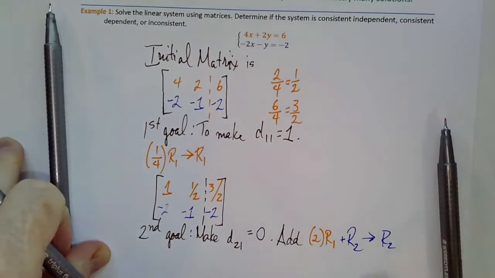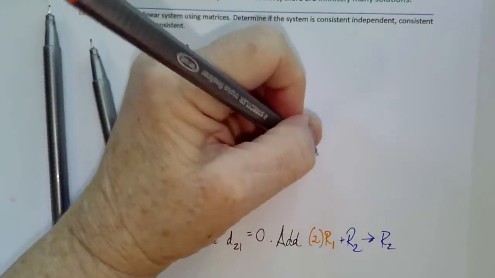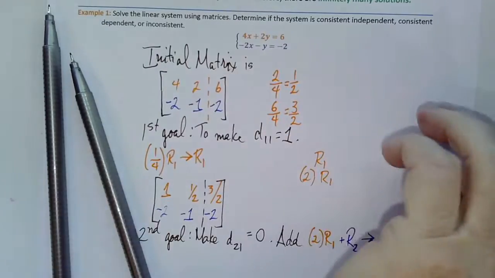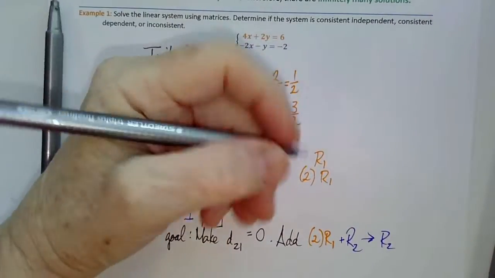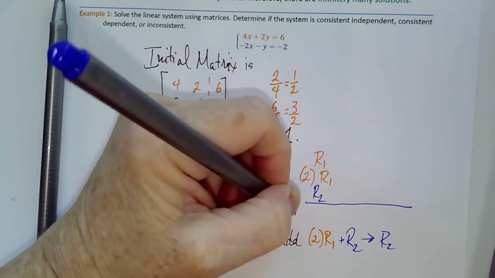Let's do this right here. So let's see. We've got row 1, 2 times row 1, row 2, and the new row 2.